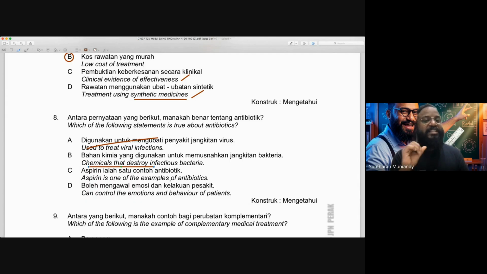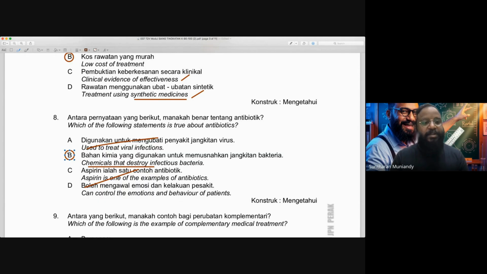No, aspirin is an example of analgesic, so C is rejected. Can control emotion? No, it is not a psychotherapeutic drug. So I go for B as my answer.